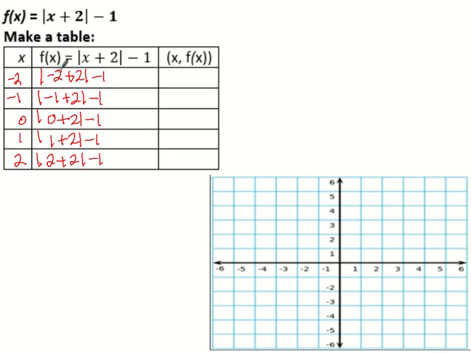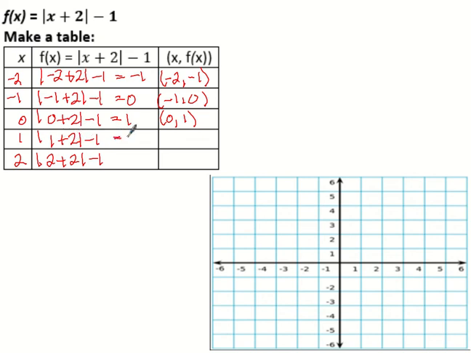So -2 plus 2 is 0. 0 minus 1 is -1. -1 plus 2 is 1. Absolute value of that is 1. Minus 1 would be 0. 0 plus 2 is 2. Absolute value is 2. 2 minus 1 is 1. 1 plus 2 is 3. Absolute value is 3.